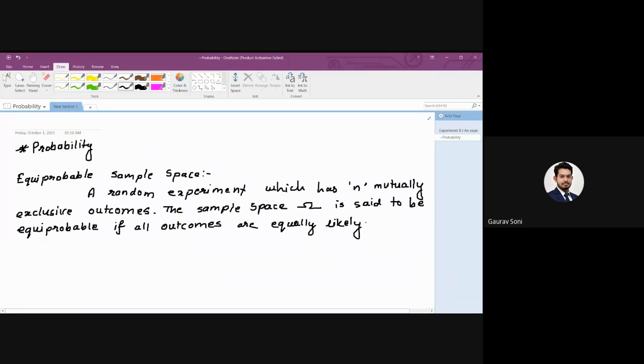Okay, so I'll simply write down, say, if my sample space is equal to omega 1, omega 2, up to omega n, and I'm saying that this is an equiprobable sample space.